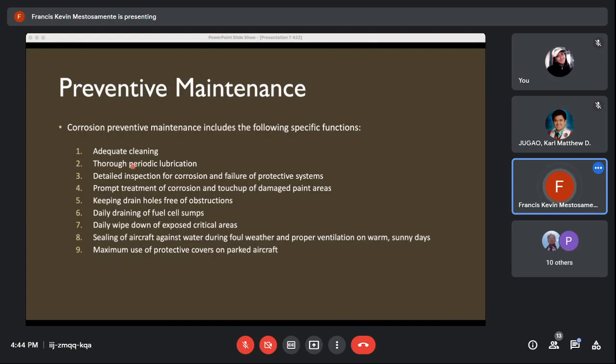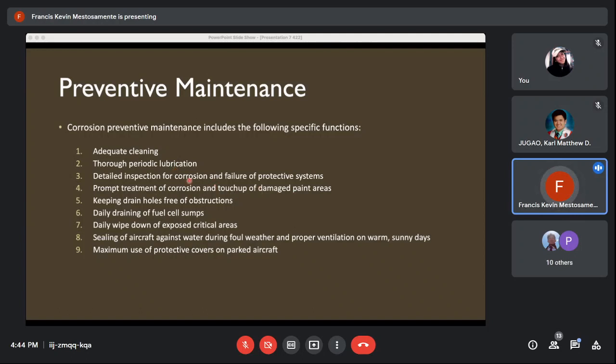So self-explanatory, adequate cleaning, of course, pag nabasa, linisin natin. We remove water content para hindi na tayo magkaroon ng corrosion. Periodic lubrication, maiwasan natin yung fretting sa mga movable parts. The more na nilubricate natin sila, less friction, less fretting corrosion.